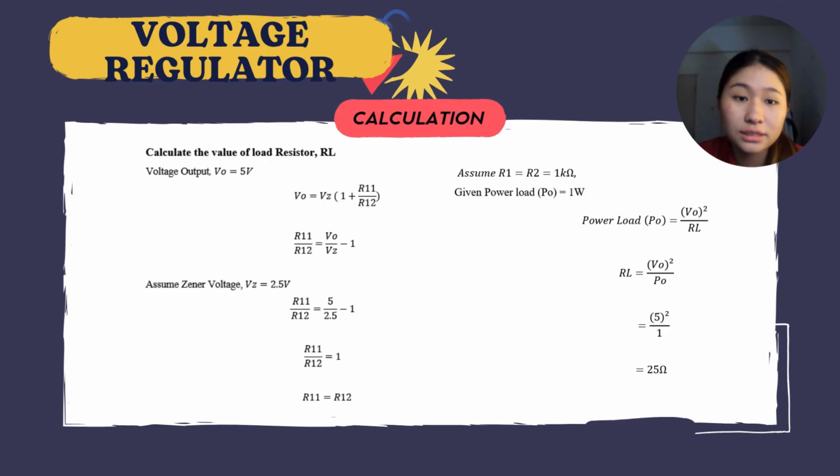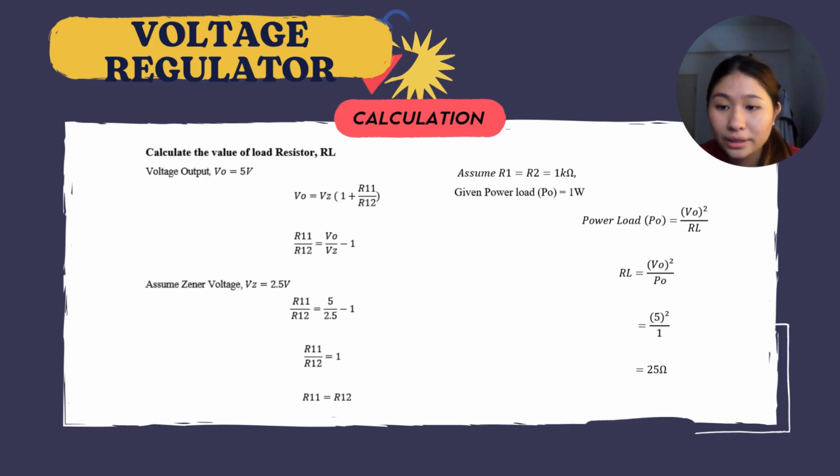The purpose of this calculation is to determine the value of the load resistor that will allow the voltage regulator to deliver a stable power load of 1 watt at a 5 volt output. The given information is: the voltage output is 5 volt, the power load is 1 watt, the reference voltage is 2.5 volt, and assume that R1 equals R2, which is 1 kilo ohm.